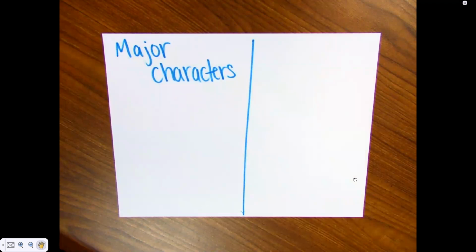Or if you have a series of books like Piggy and Elephant, Elephant and Piggy, they would be in all of the books, okay? So if you have a series, or if you have a thick chapter book, a major character is going to be in the book the whole time, or they're going to be in the whole series.